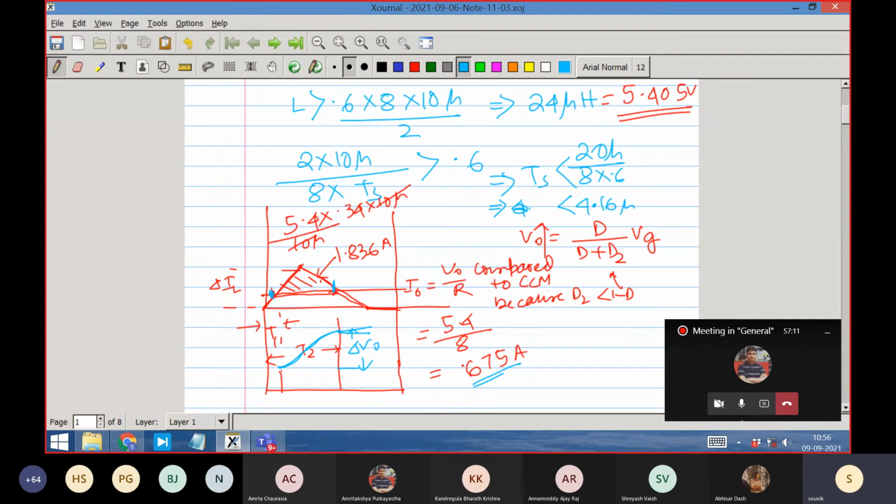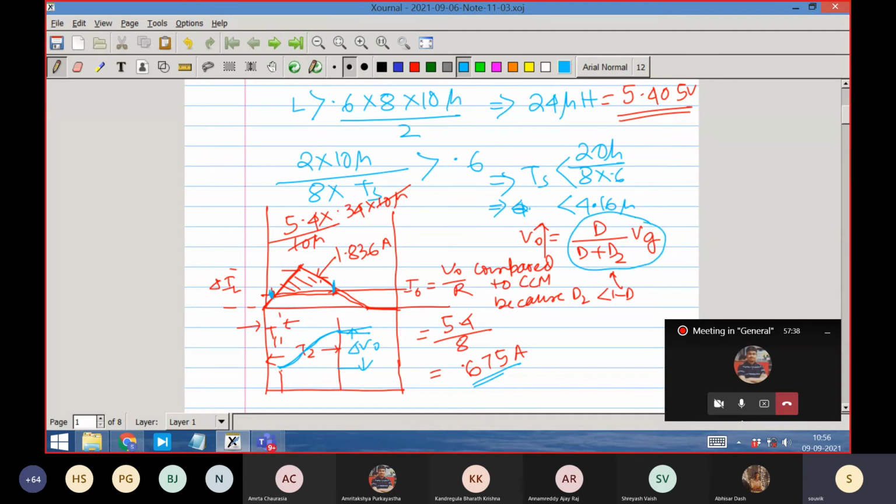After you find out v0, in exactly the same way you can find out delta IL. Exactly, delta IL is the slope into time. After you have found out the delta IL, you have to find out the value of I0. I0 is V0 by R, right? V0 you have found out earlier by the formula d by d plus d2 into Vg.